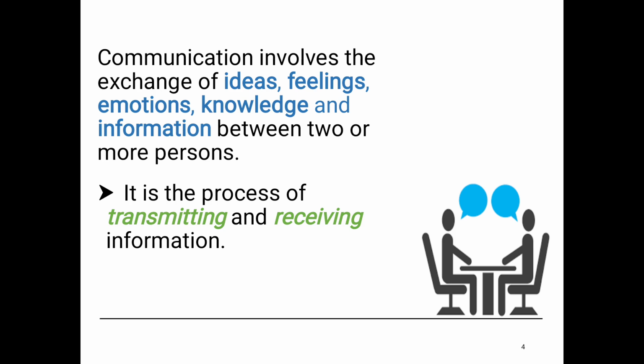So with an exam perspective, you can prepare this definition: communication is a process which involves the exchange of ideas, feelings, emotions, knowledge, and pieces of information between two or more persons.